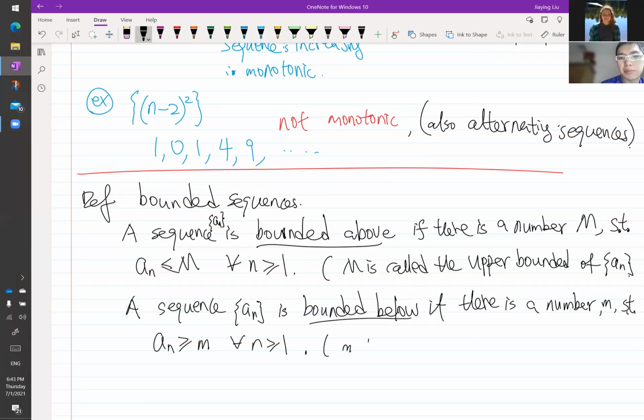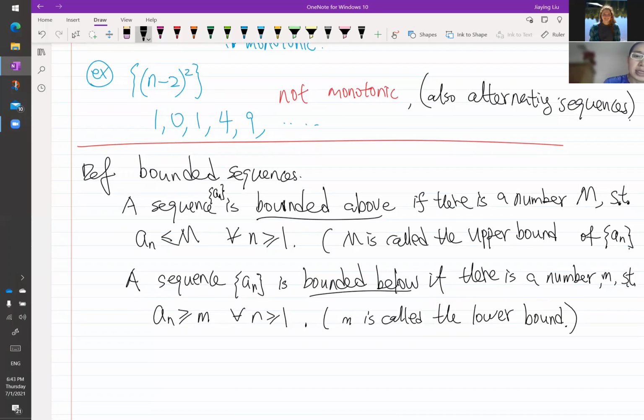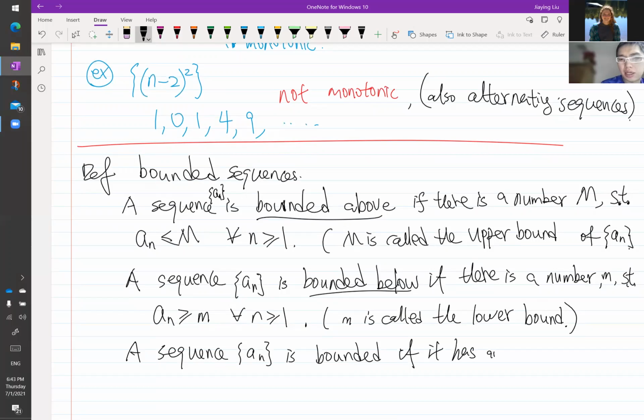And lowercase m is called the lower bound. So that's just the upper bound and the lower bound. A sequence a_n is bounded if it has an upper bound and a lower bound.